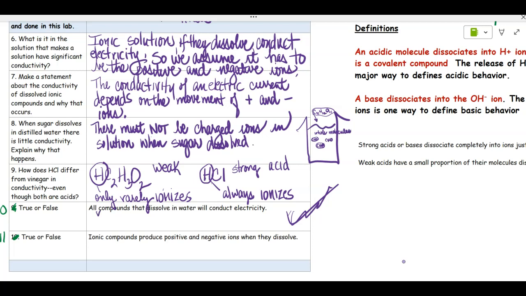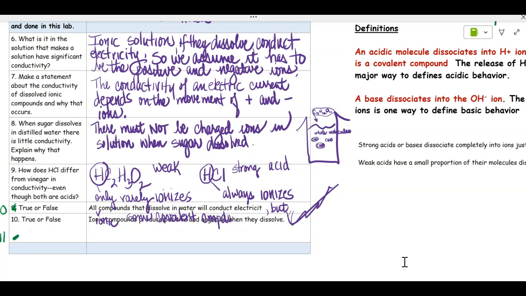All ionic compounds that dissolve in water will conduct electricity, but some covalent compounds dissolve in water and don't conduct electricity. Some covalent compounds, like sugar, dissolve in water.